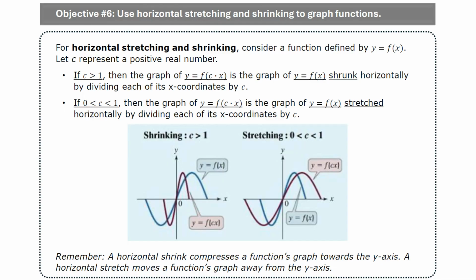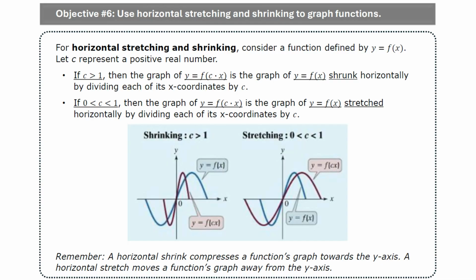So looking at our two visuals here, we have the same parent function, f of x. For the first one, we have c being greater than 1. Now horizontally, the c is being applied to the variable. It's the same case in all other horizontal transformations. Now, when c is greater than 1, we are going to be dividing each of the x coordinates by the value of c.